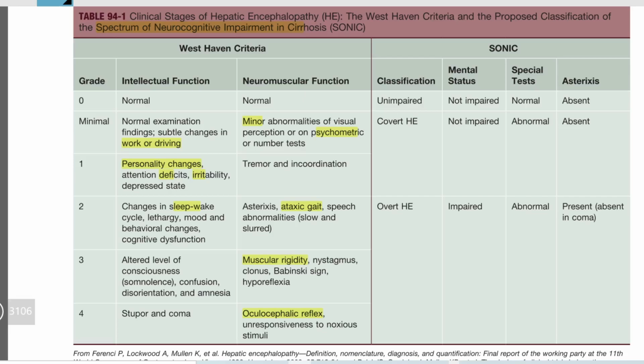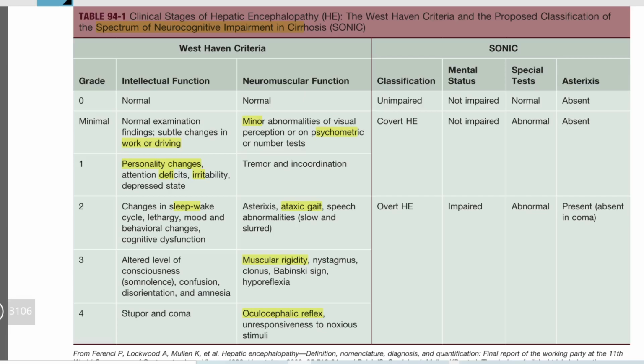In West Haven, in grade 0, everything is normal. The things divided in West Haven, on which the classification is based, are intellectual function and neuromuscular function. In grade 0, you'll find normal intellectual and neuromuscular function.